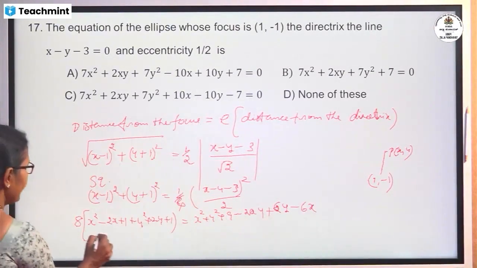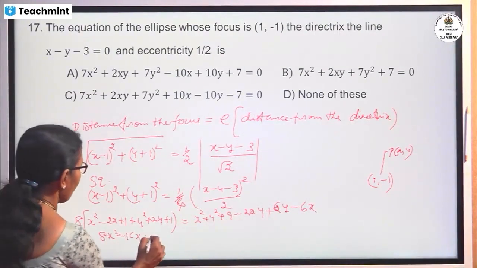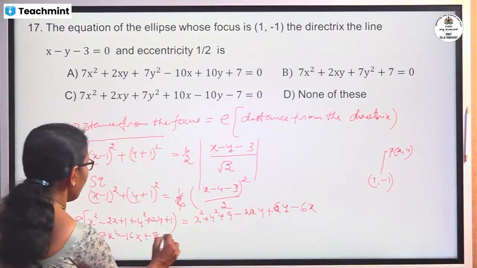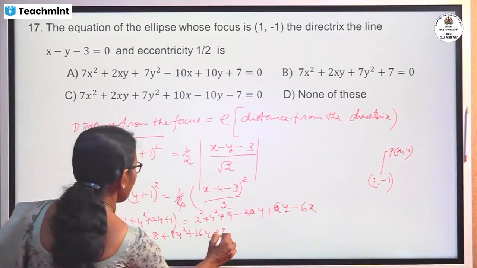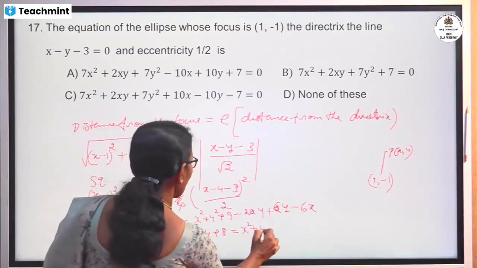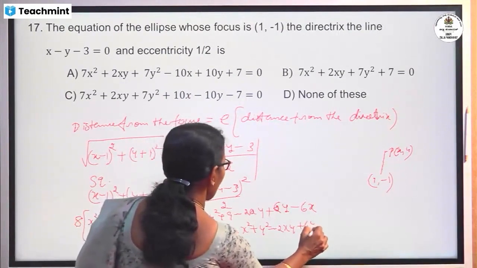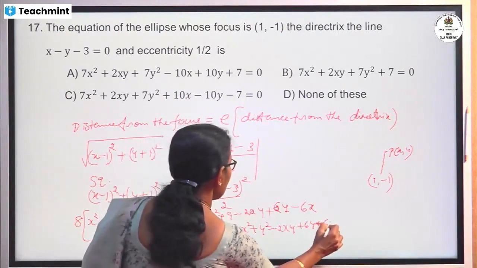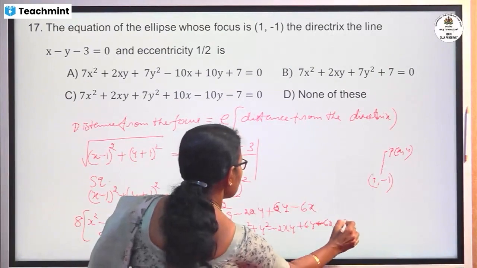Now 8x² − 16x + 8, plus 8y² + 16y + 8, equals x² + y² − 2xy + 6y − 6x + 9.